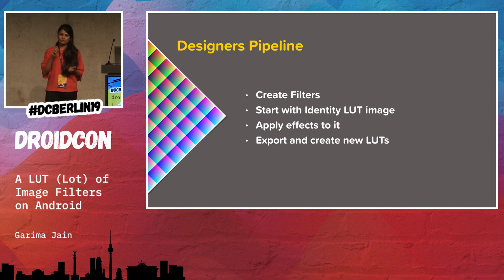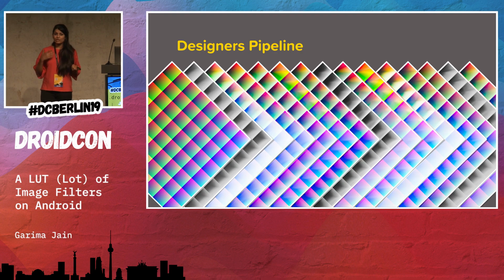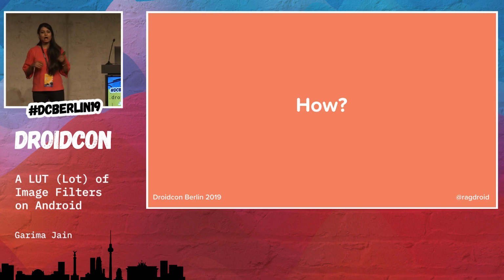They can tweak all those values, those curves for us, and they start with this identity LUT square image and apply the same values to it, then export and create different LUTs, because they can apply all those filters to these images. And we as developers, we get these images and we need to process them to create different filters. But how can we do that?